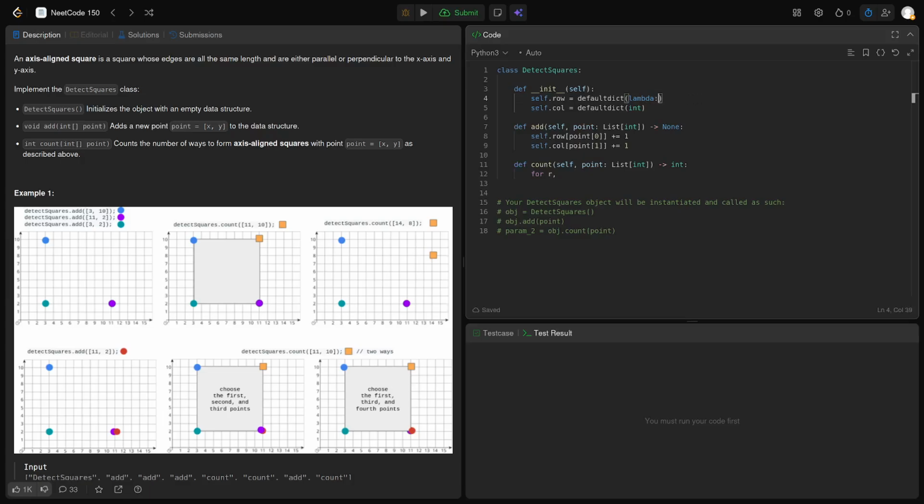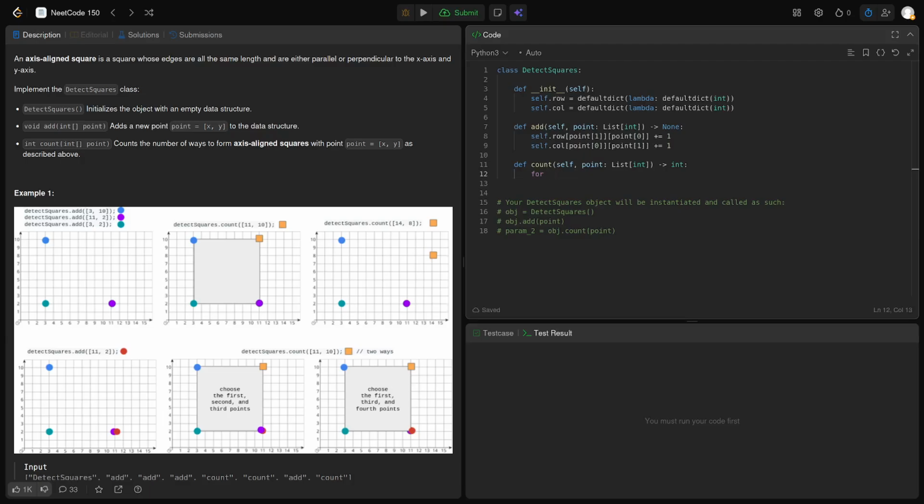Lambda, default dict int, yeah, because we want to have a double map. Row is point[1] actually, and then in column which has the coordinate of x, which is the first one, and then this.